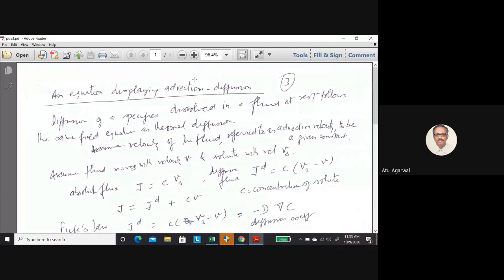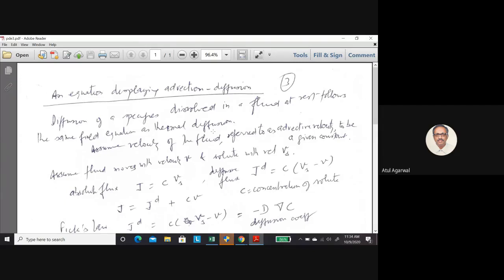Now we are going to an equation displaying advection diffusion. Diffusion of a species dissolved in a fluid at rest follows the same equation as thermal diffusion. We talked about thermal diffusion. Similarly, you can talk of a solute dissolved in a liquid.